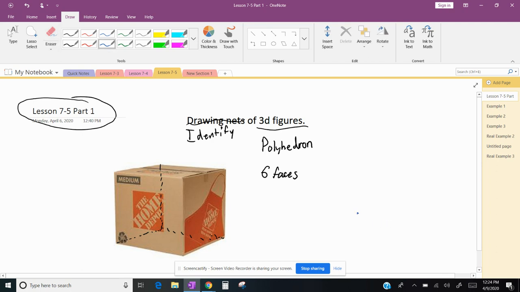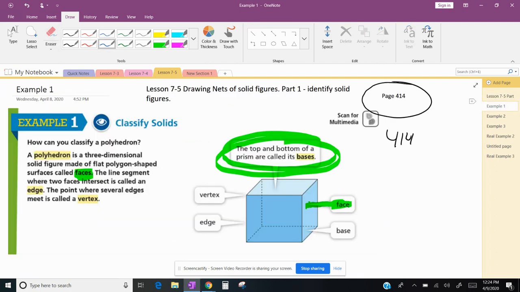Some other things we could look at when looking at 3D figures, we could look at something called an edge. Okay, so if I look at an edge, it is those side corners right there where I'm highlighting. That's an edge. That's an edge. That's an edge. There's another edge. So I want to look at this box right here and figure out how many edges.